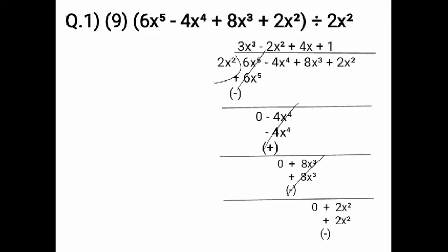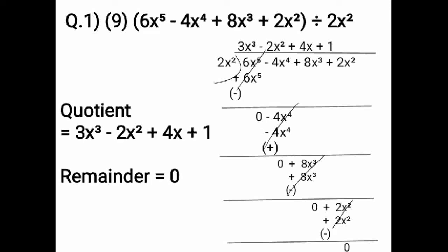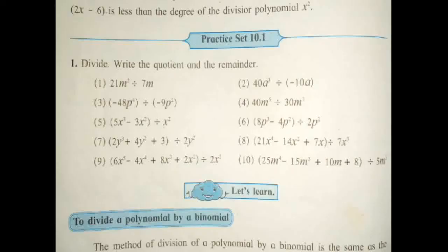Answer is getting 0. Now quotient what you got, you have to write this all 4 terms. Quotient is equal to 3x cube minus 2x square plus 4x plus 1. Remainder is equal to 0.